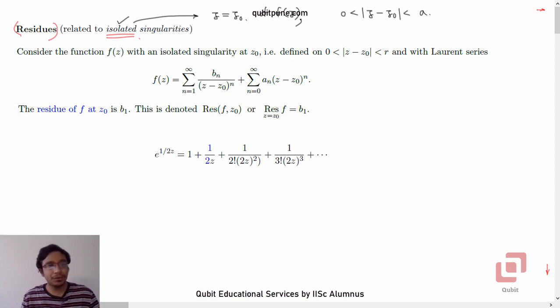Now we are going to start with the Laurent series. We are going to consider the function f of z which has an isolated singularity, the one which we discussed here, at that point z0. This means our function is not only defined but is also analytic on this particular circular region with its center being omitted.